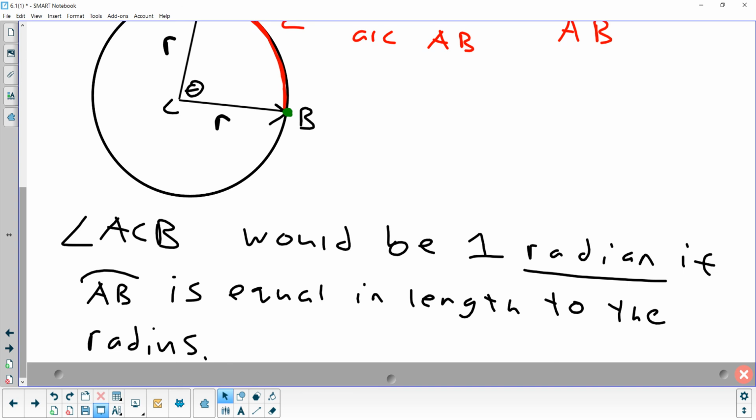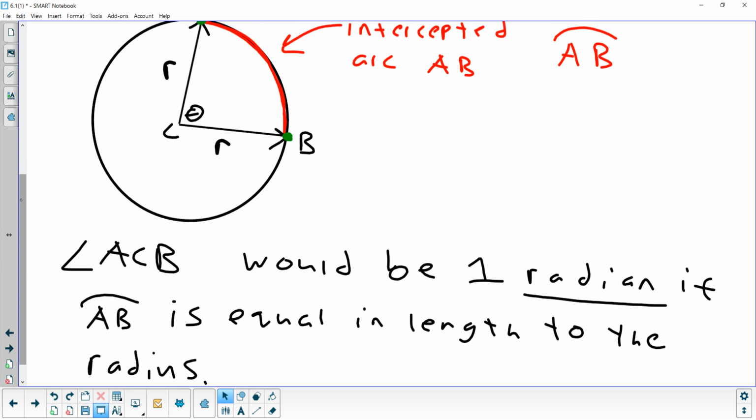So that's a visual way that you can think of a radian. It doesn't help you to convert between degrees and radians, but it gives you something you could visualize. If you made angle ACB 1 radian, from here to here, then the size of that arc would be exactly the same as the size of the radius.